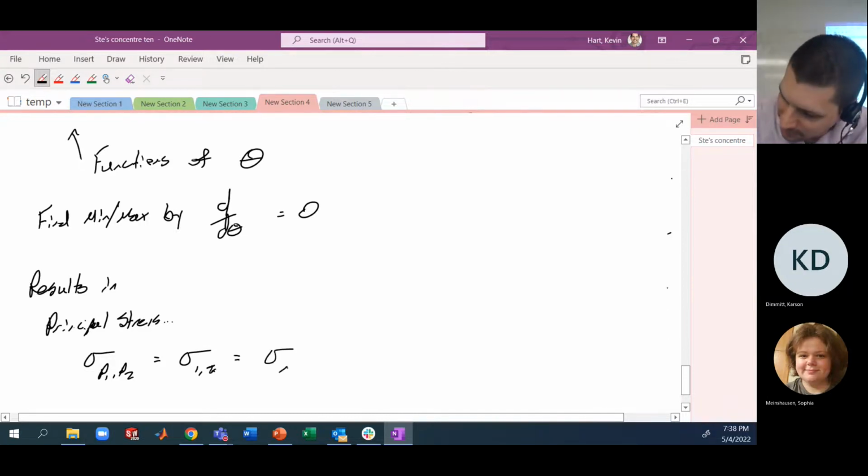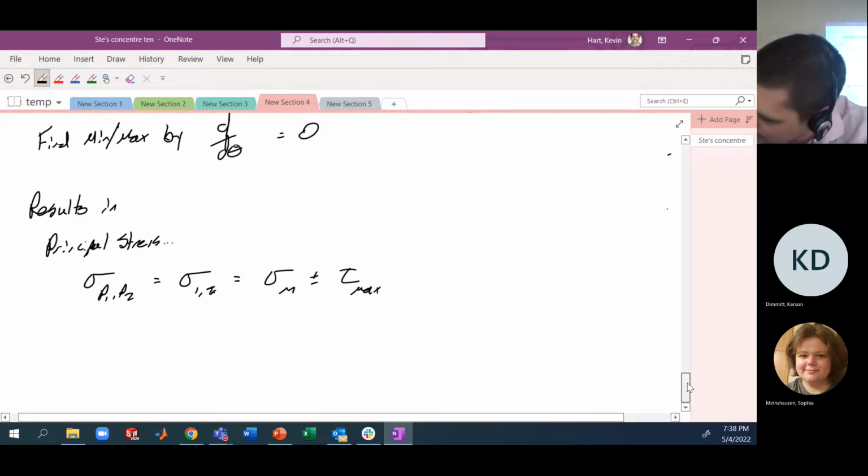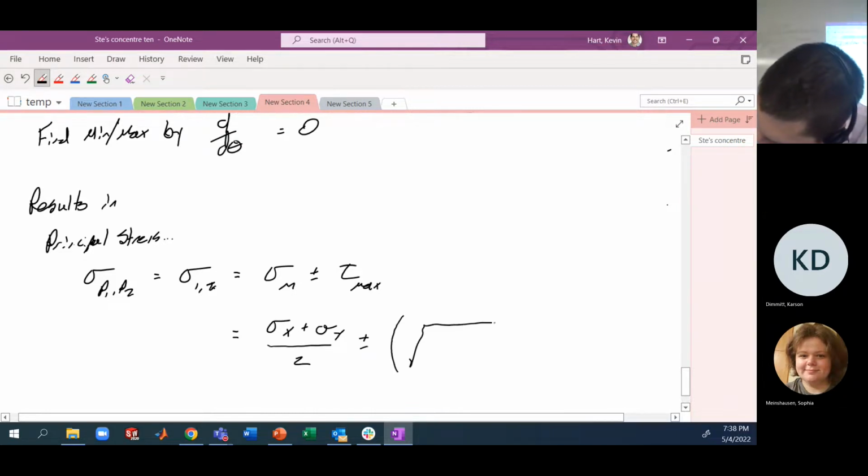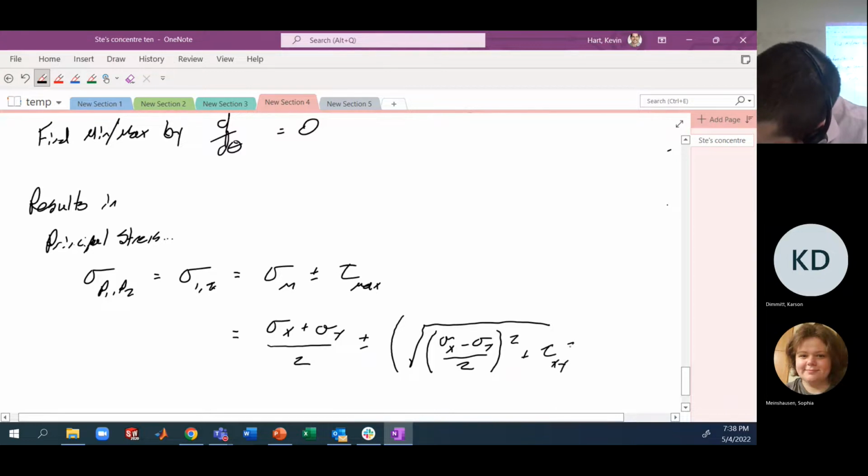Is going to be the mean stress plus or minus the maximum shear stress, where the mean stress is sigma x plus sigma y on 2. And the maximum shear stress is the square root of sigma x minus sigma y on 2 squared plus tau xy squared. Capiche?